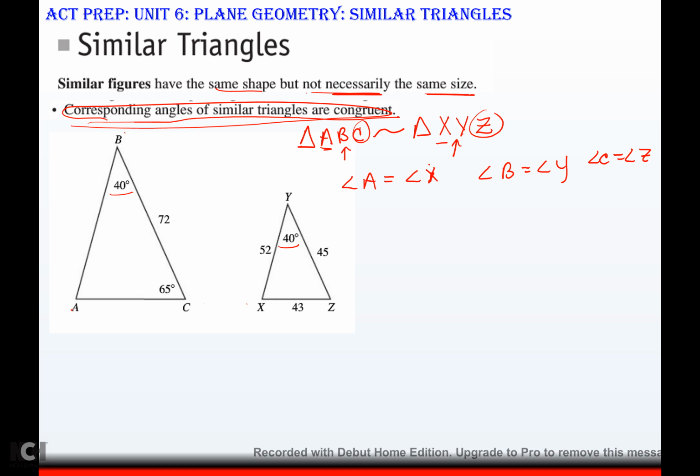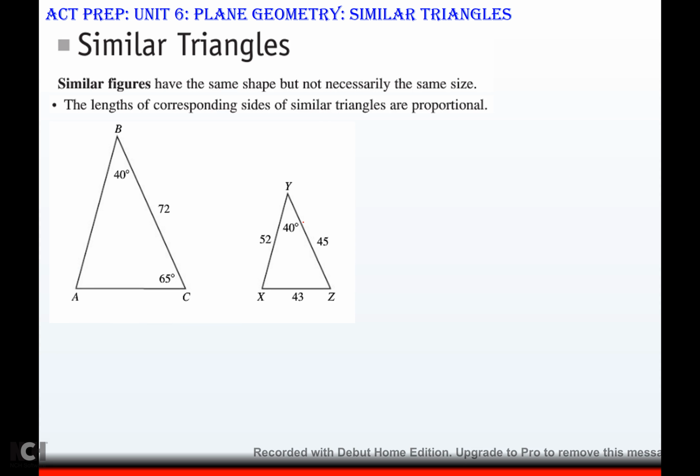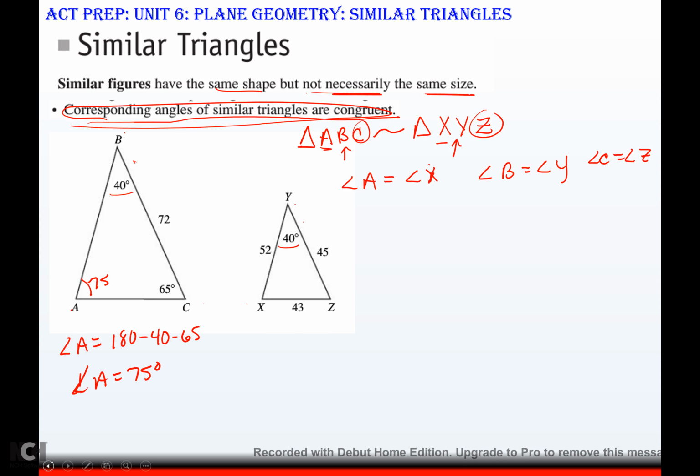So I can figure out what angle A is. Because the three angles of a triangle have to add up to 180, angle A has to be 180, take away 40, take away 65, which makes angle A equal to 75 degrees. And if I know these two triangles are similar, then corresponding angles are equal. So if this is 40, and this is in the same place, then that has to be 40.